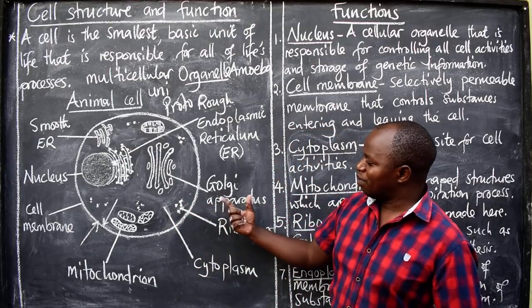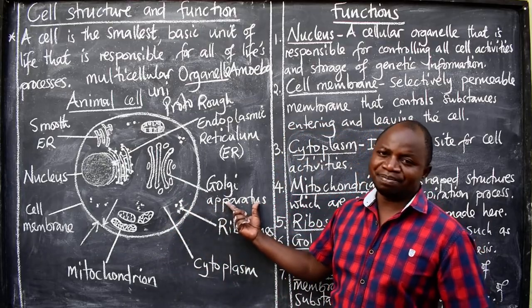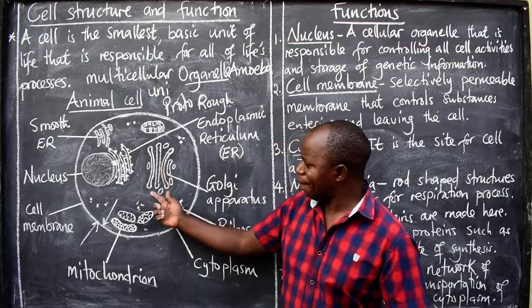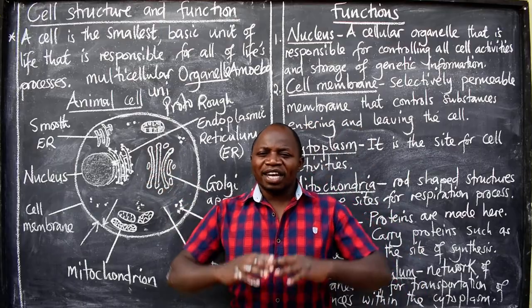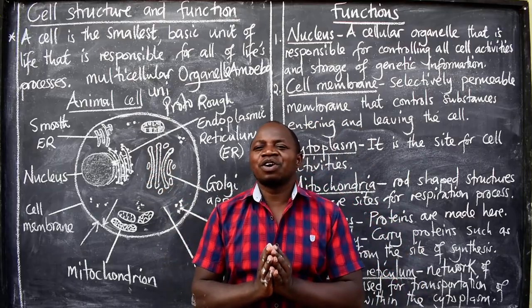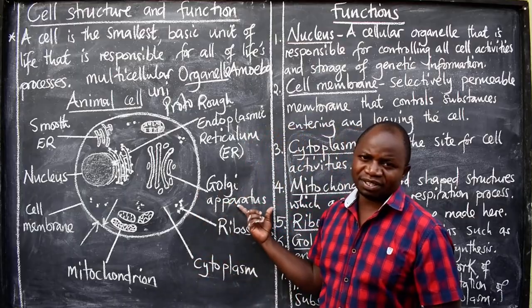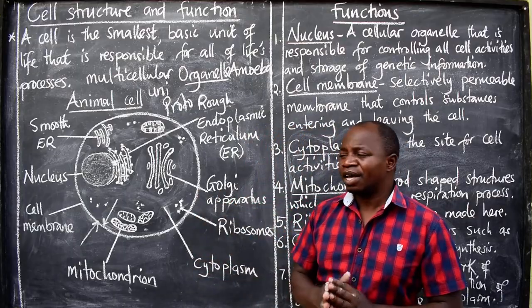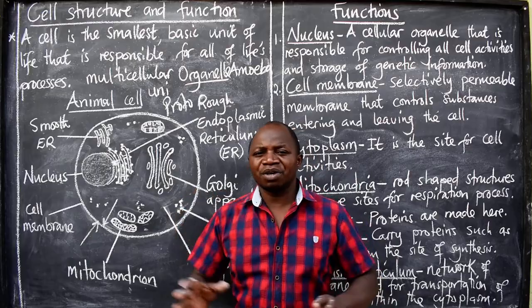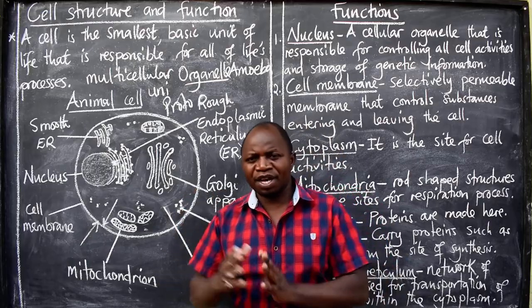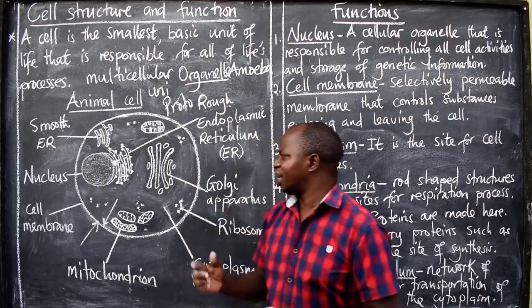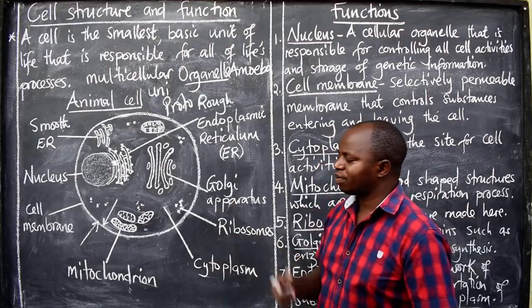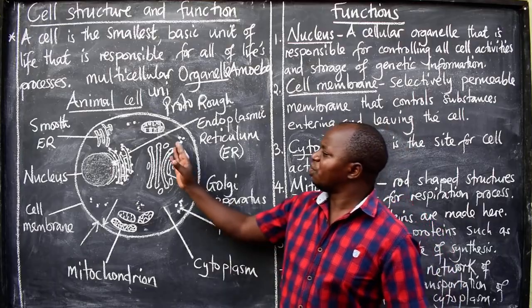We have what we call the Golgi bodies. Collectively, we call them Golgi apparatus. Otherwise, one by one, we call them Golgi body. But collectively, we use the word Golgi apparatus. What do they do?